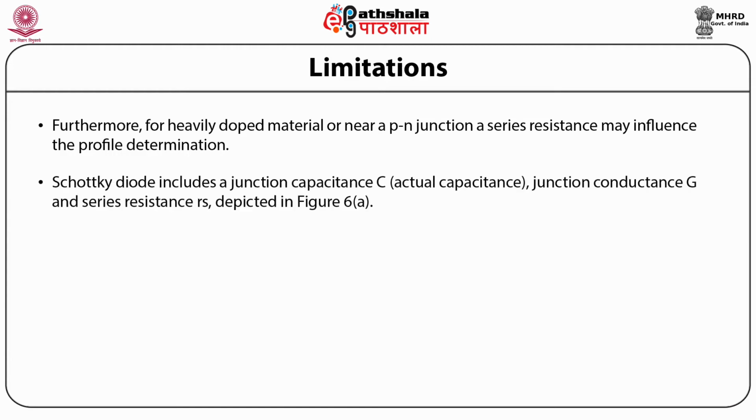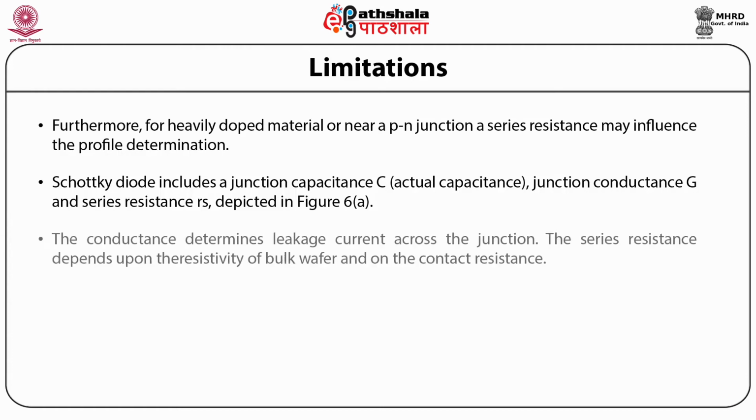A Schottky diode includes a junction capacitance C, a junction conductance G, and a series resistance Rs, depicted in Figure 6a. The conductance determines the leakage current across the junction.